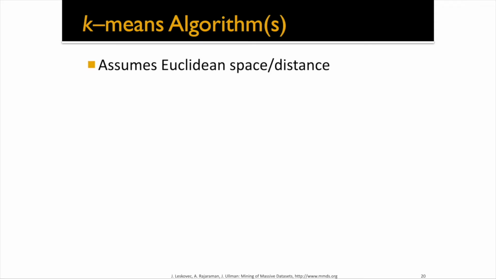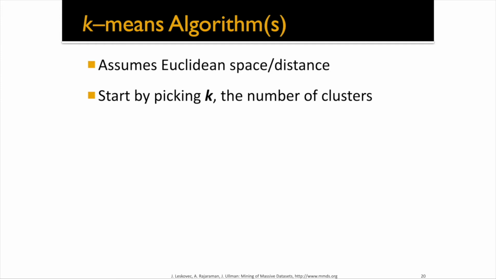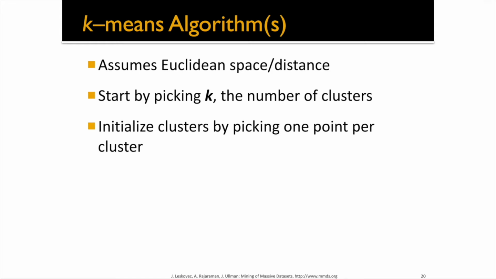In general, we're making some assumption that we're dealing with Euclidean spaces and Euclidean distances. In that space, we then pick some k value that says how many clusters we want to search for, or how many clusters we want to create. We initialize these clusters in some way, either picking points from our data or randomly selecting points in this space, and use these points as our centroids for our clusters.